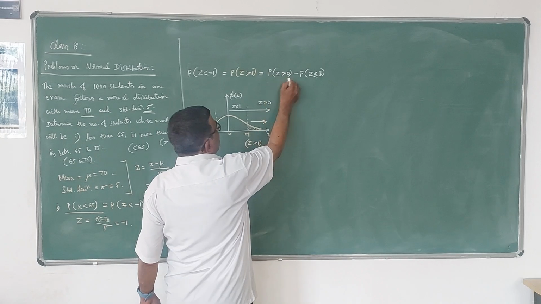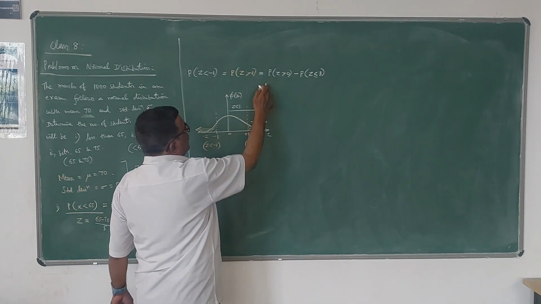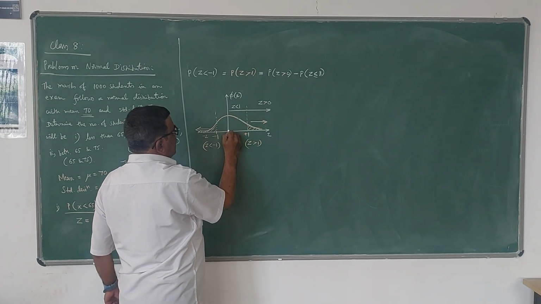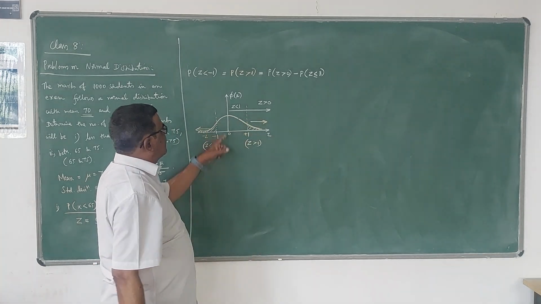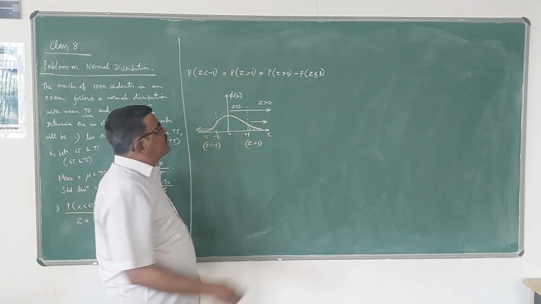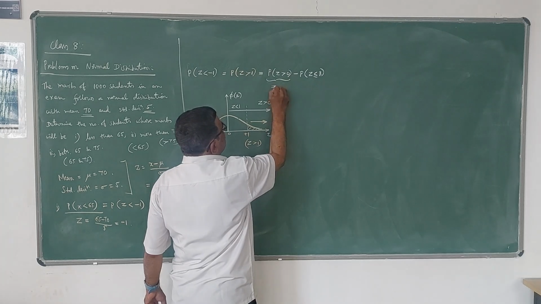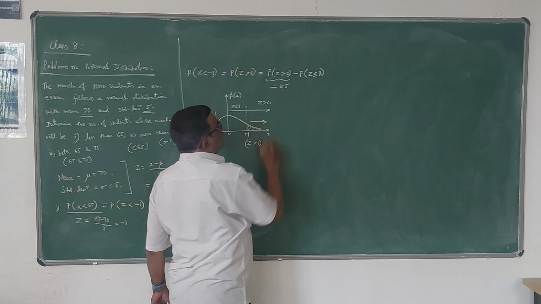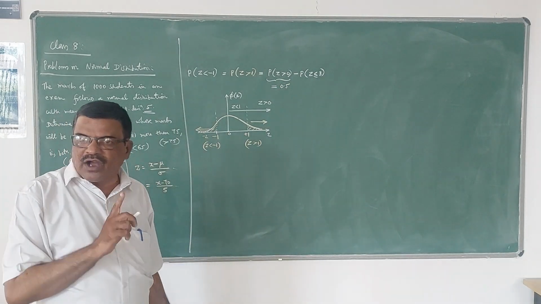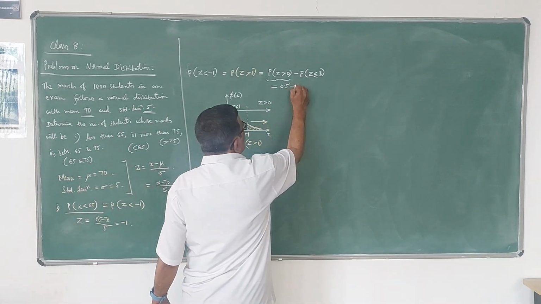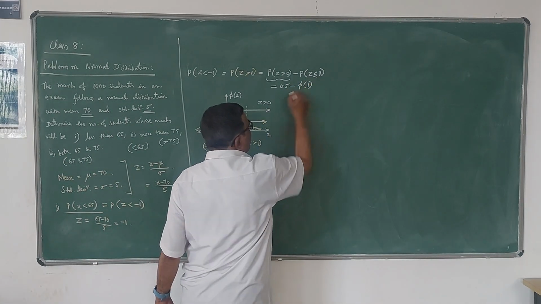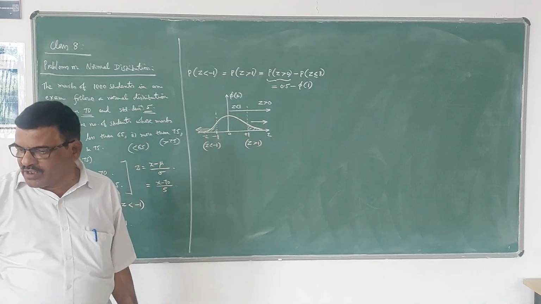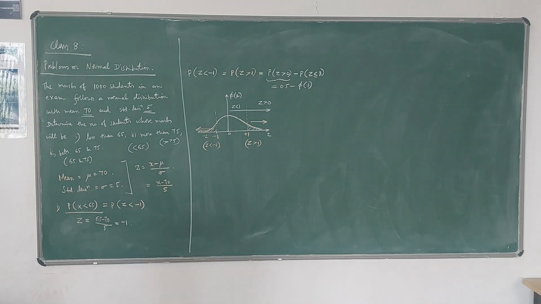Now what is this value? Z greater than 0, this entire area to the right side, is half. As in the last problem, P of z greater than 0 is 0.5, minus phi of 1. From the normal distribution table, phi of 1 is 0.3413.